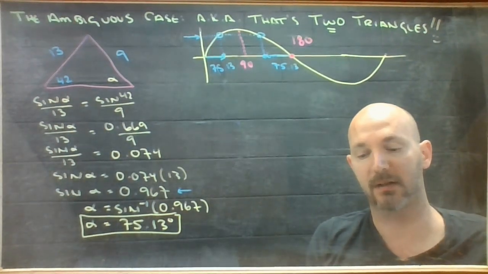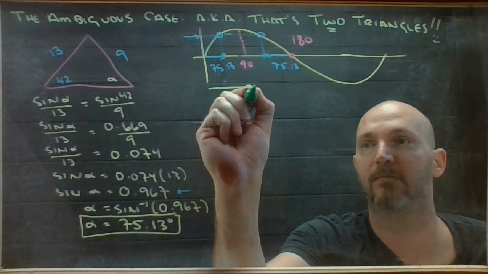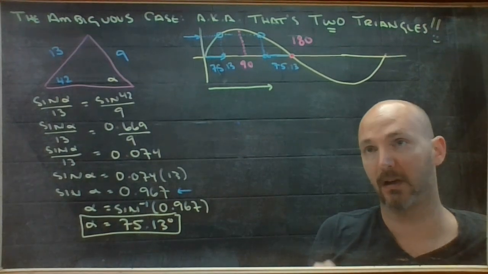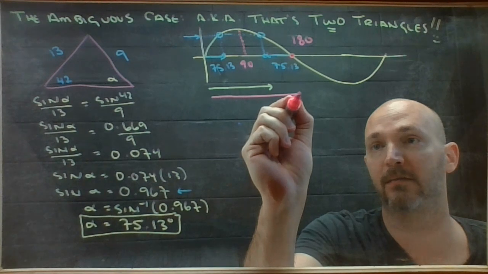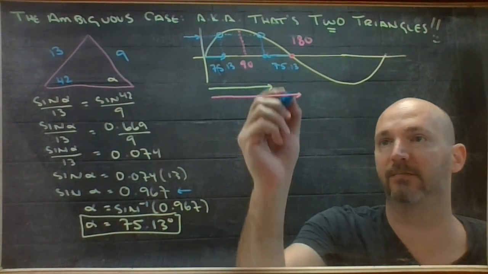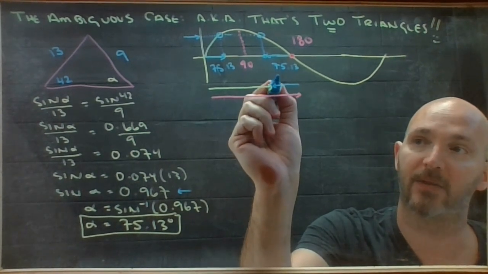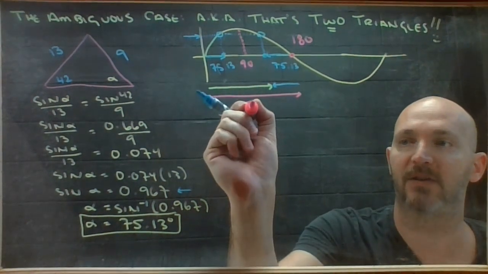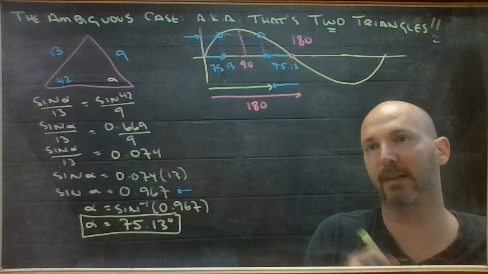So I want this distance. I have this and I have this. That's 75.13. This much is 180. And I don't know what this is.